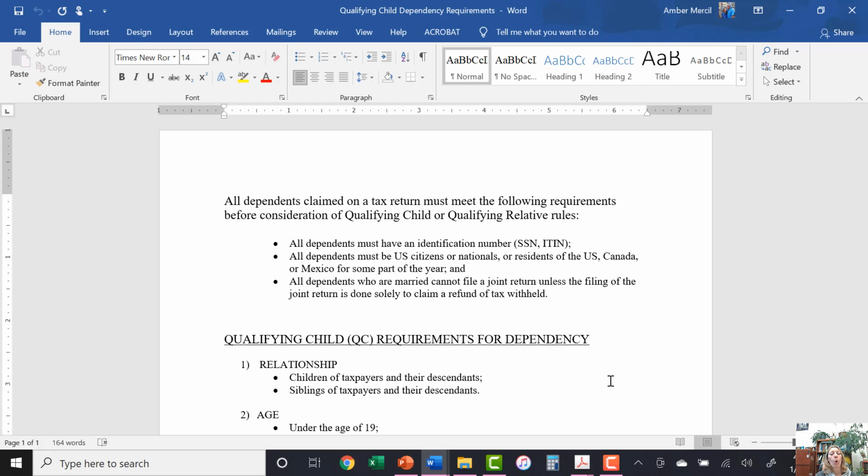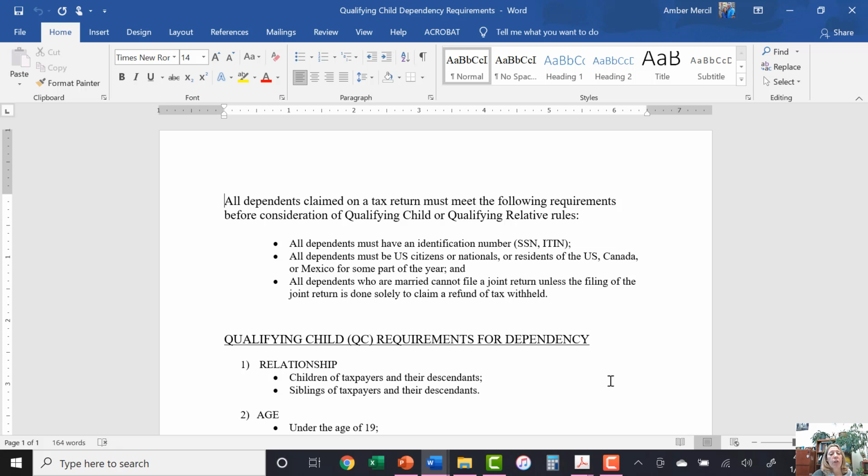And all dependents who are married cannot file a joint return with their spouse unless the filing of that joint return is done solely to claim a refund of tax withheld. So they were employees, they had tax withheld, and the only reason they're filing is so they can get that back. There's nothing else on their return. That's okay, but typically dependents of another cannot file a joint return with their spouse.